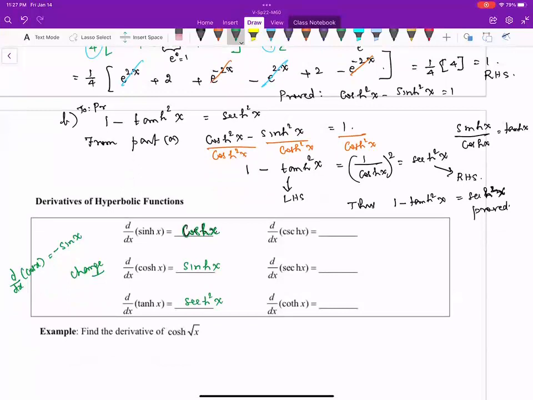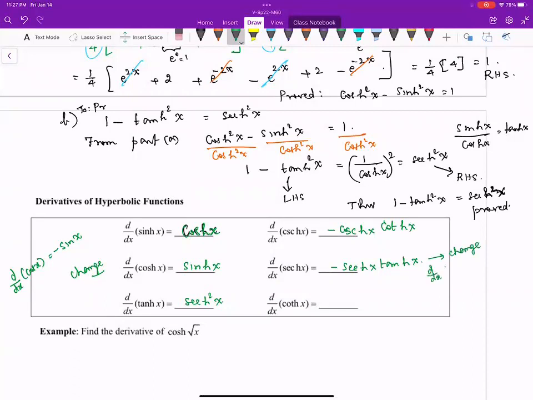Derivative of cosecant hyperbolic is negative cosecant hyperbolic, then cotangent hyperbolic. It's exactly similar to trig. Derivative of secant hyperbolic is negative secant hyperbolic, tan hyperbolic. Note the change here.